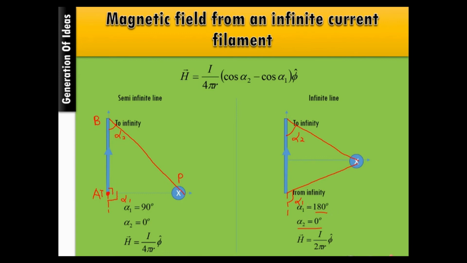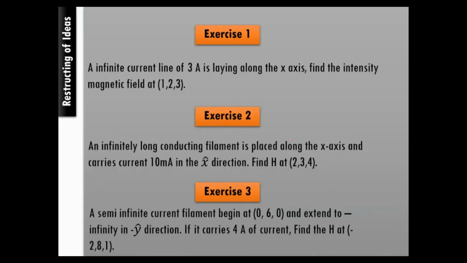So you can put this alpha 1 here and alpha 2 as 0 over here, and you get another equation for the H. This equation is valid for the infinite line. You can compare the difference. Here is over 4 and this is over 2, which means that the semi-infinite line is 1 over 2 of the infinite line.